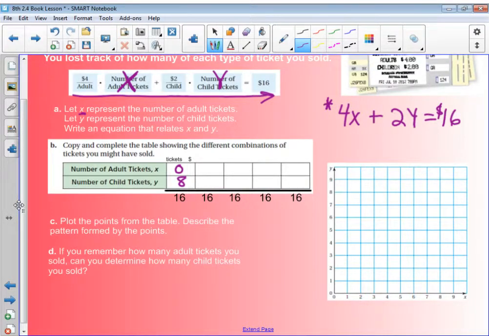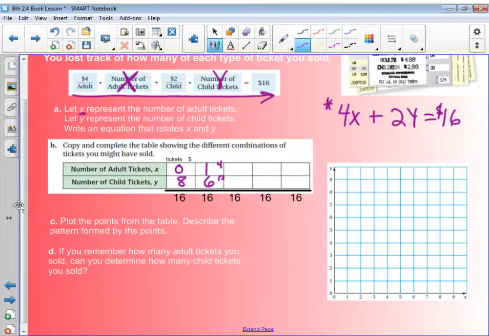Okay, so then maybe we sell 1 adult ticket. So 1 adult ticket was 4 of the dollars. That leaves me with $12 left over. And if I figure out how many times $2 would go into 12, that would give me 6 child tickets that I could buy. Okay, and that gives me a total of my $16 for the tickets.